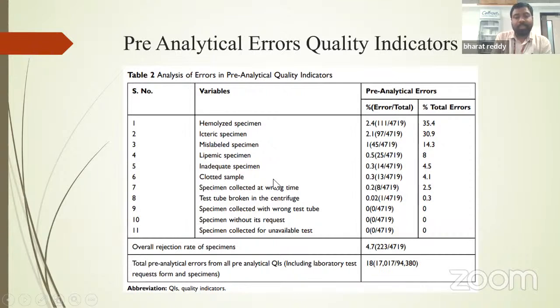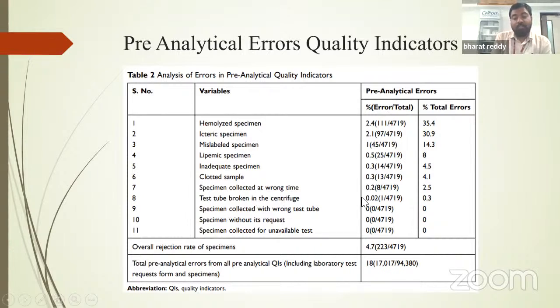And then sometimes clotted samples, and specimen collected at the wrong time. This is also very important. Some of the parameters we have to collect in the morning and evening. For example, cortisol we have to collect in the morning and evening. They have to mention whether it's a morning sample or evening sample.